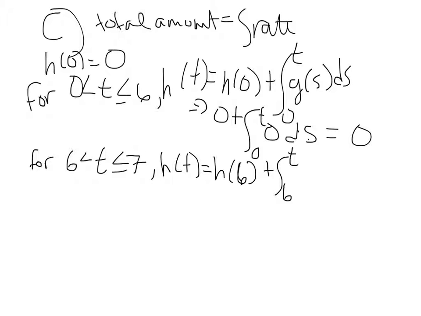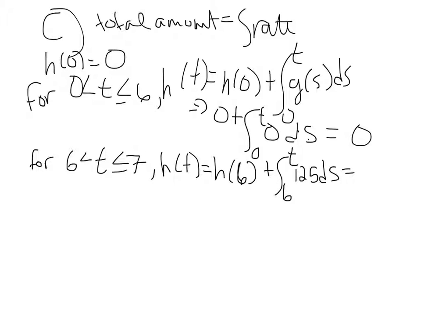If you just use numbers, then all you're going to have is numbers when you finish writing out your whole equation. So you need to have this t, because I'm writing a function. Okay? So I'm going from 6 to t of 125 ds. So that is the next branch of the rate that she does this, okay?